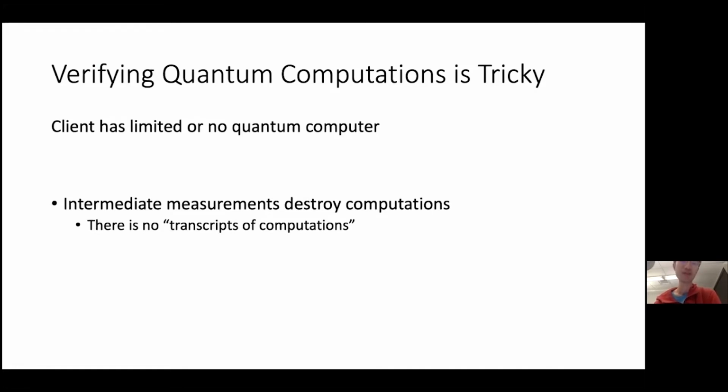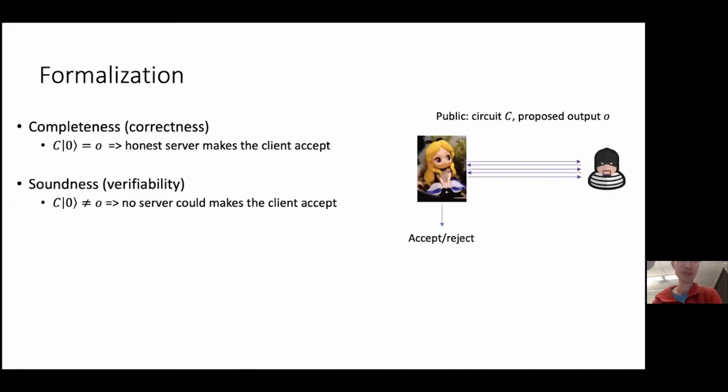For example, in quantum world, intermediate measurements could destroy computations. So the client could not ask the server to provide a transcript of computations or similar things. So before we discuss our solution, let's first formalize this problem.